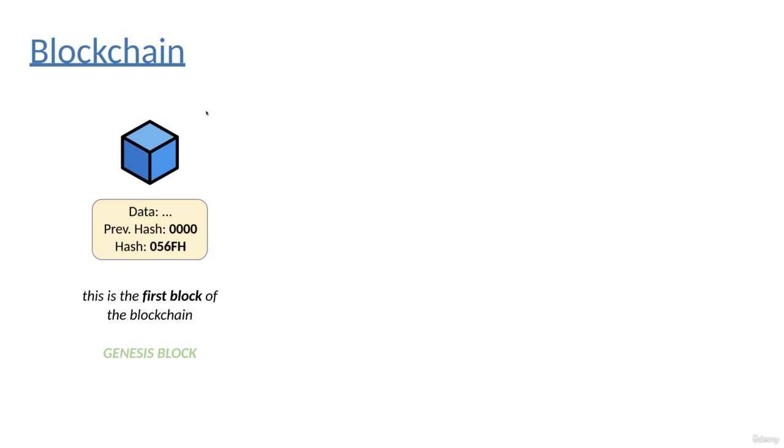For example, in the Bitcoin ecosystem, the first block is created manually by the algorithm, and of course there are no transactions associated with that given block, which means that the first block doesn't contain any transactions, any data. The previous hash contains all zeros, and the actual hash is, let's assume that it is 056FH.